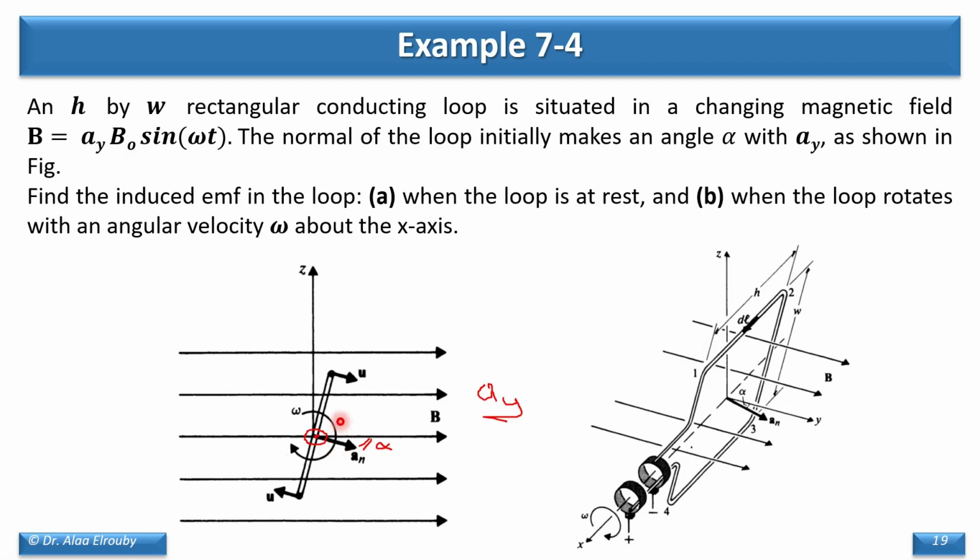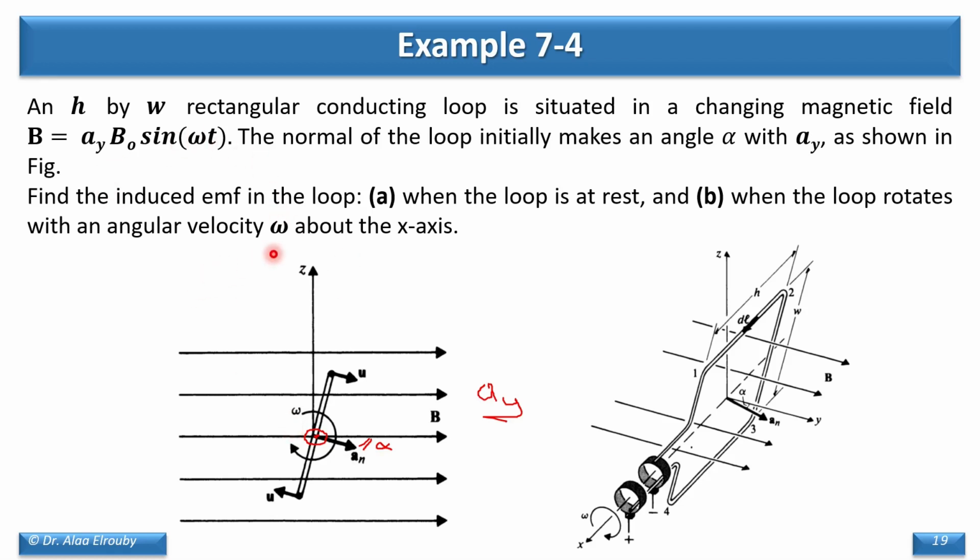So let us go back here. This loop is rotating this way, so the angle between a_y and a_n is varying. When the loop is rotating, a_n is also rotating with an angular velocity omega. So at any time, the angle between a_n and y equals alpha plus some value depending on omega.